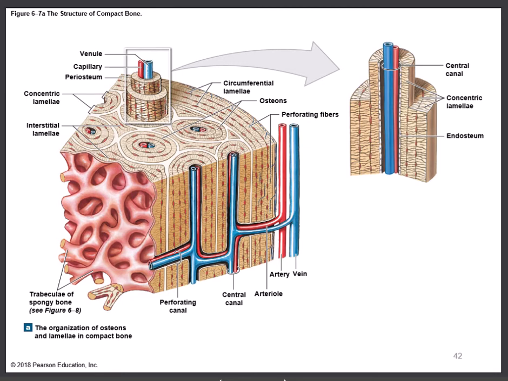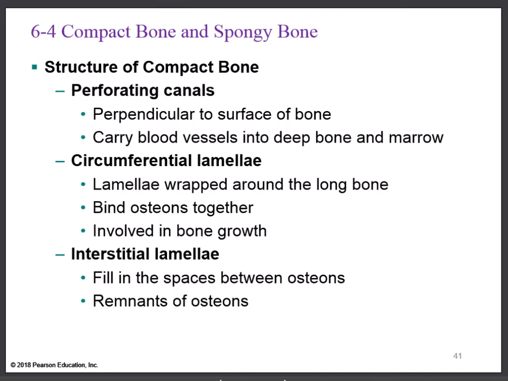Lamellae may get tossed out of an osteon and just become like a remnant. They're in between. So these we're going to call interstitial lamellae. They may become part of an osteon again as the bone remodels. Whenever you hear the word interstitial, think in between. They're in between something.